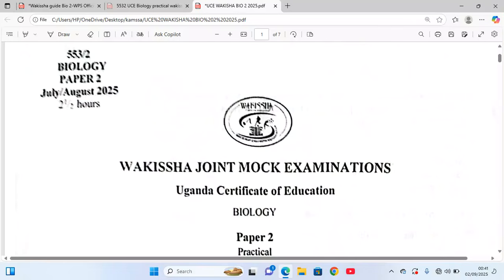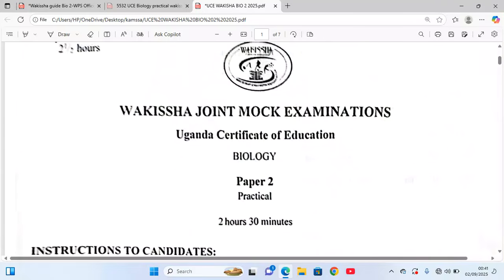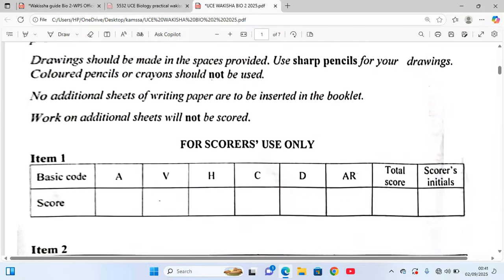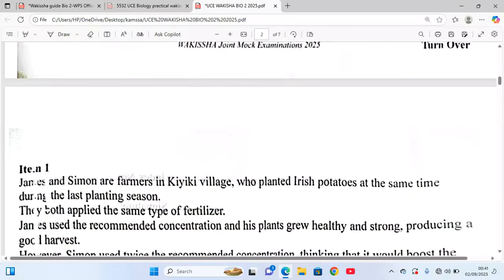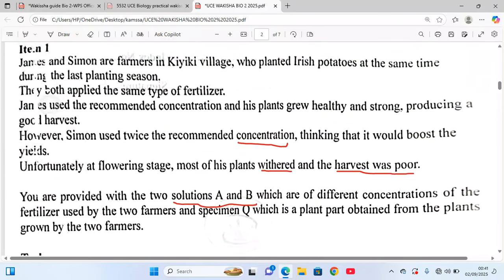This paper has 2 items, item 1 and item 2, and here we are starting right away with item 1, which says that James and Simon are farmers in Kiichi village who planted Irish potatoes at the same time during the last planting season, and they both applied the same type of fertilizer.